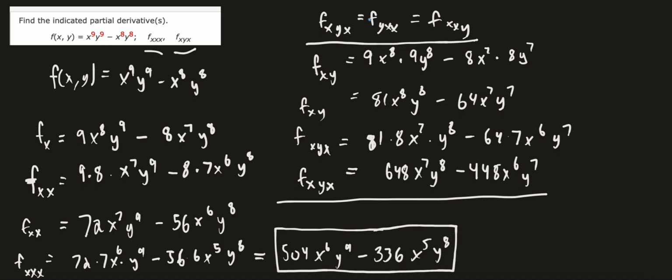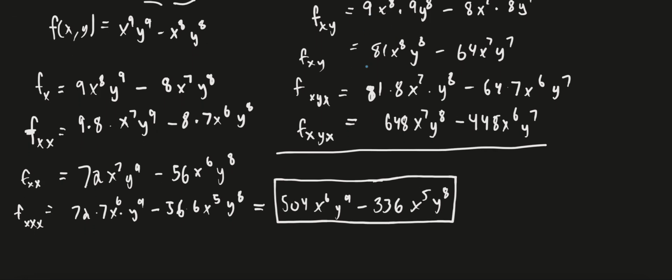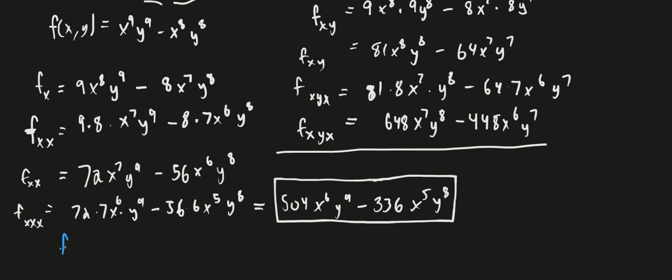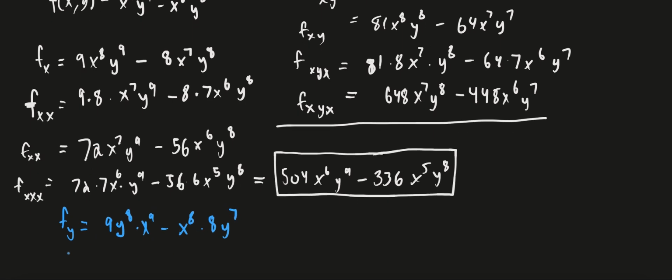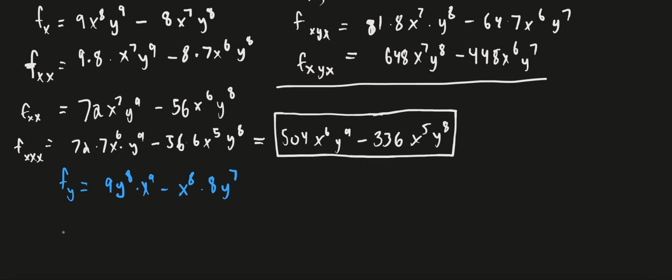So all of these, I'm going to do that in this color, so f y x x. So we actually do need the first partial with respect to y. So that's just going to be 9y to the 8th times x to the 9th minus x to the 8th times 8y to the 7th. And then, actually, you know what, I'll just keep going.